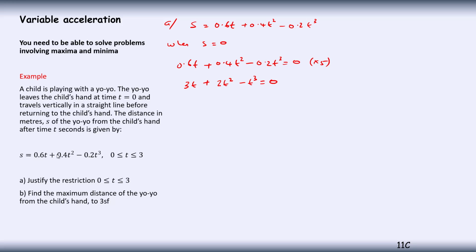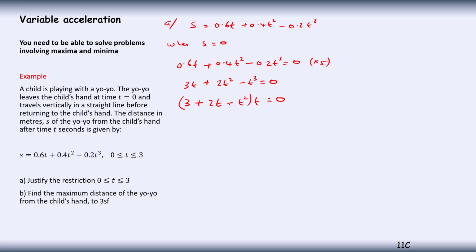Okay, so now I can start to factorize this equation, and I can see that t is common to all three terms here. So if I factorize, I've got 3 plus 2t minus t squared, all multiplied by t, is equal to 0.